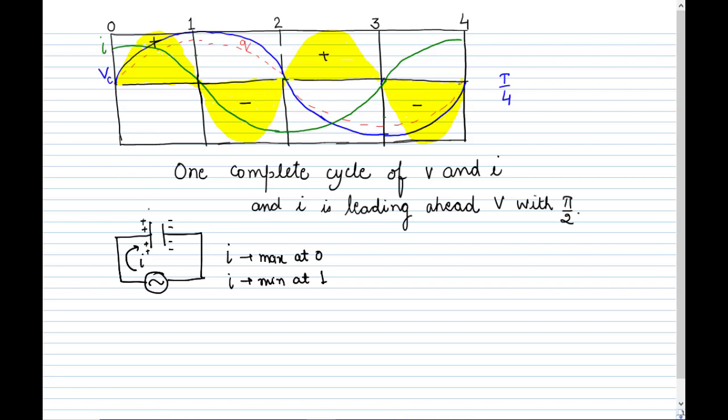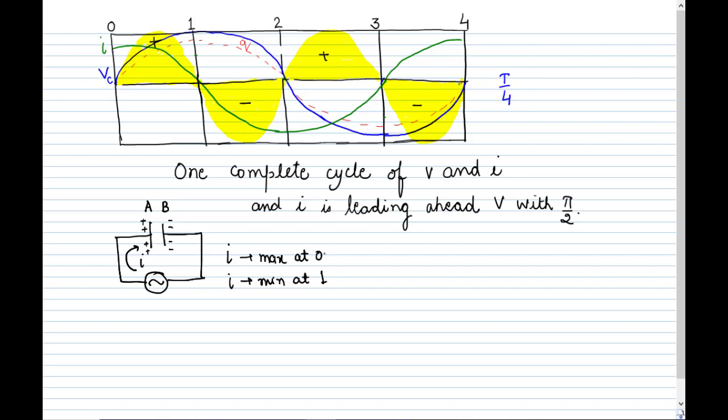So if this plate we call A of the capacitor and this plate we call B, we can see that the plate A is charged to positive polarity and the negative charge builds up at the plate B and it reaches maximum at 1. So in the first 0 to 1 cycle, you can see that the voltage is positive as well as the current is positive.